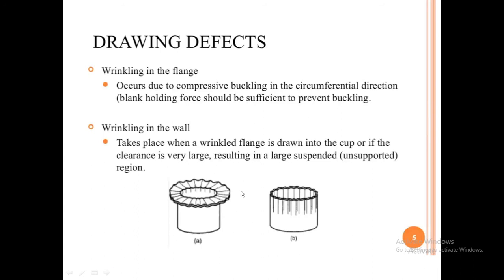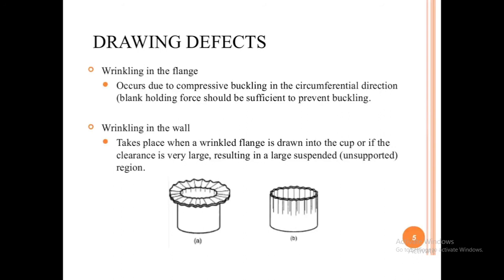If we see this image A, when we perform the deep drawing process and apply the blank holder pressure, and if this pressure is less or insufficient, then wrinkles will be produced on the flange surface.